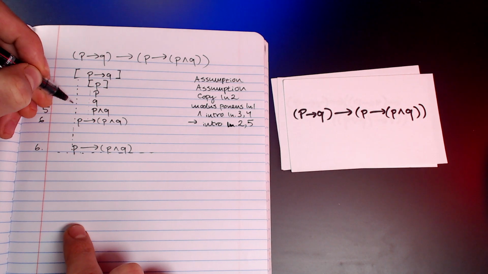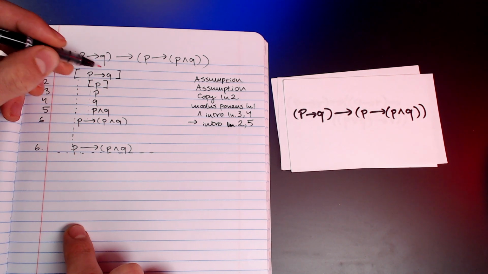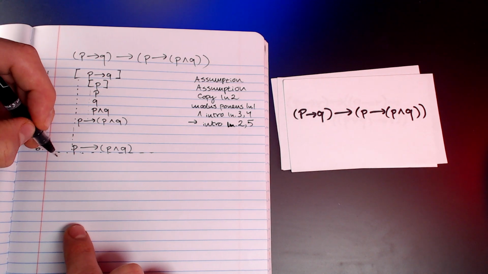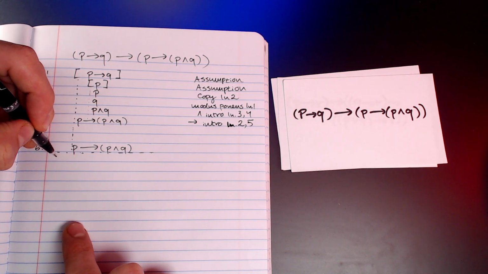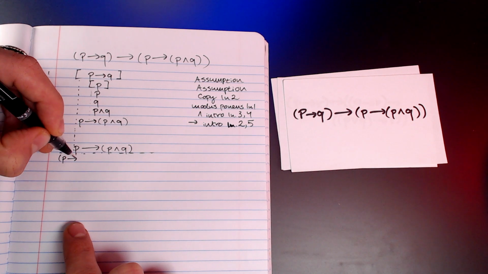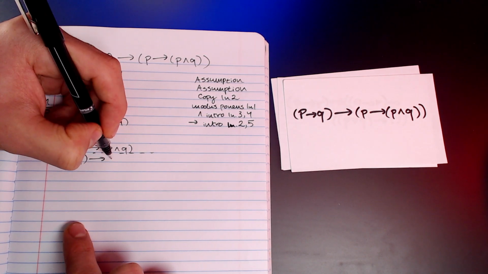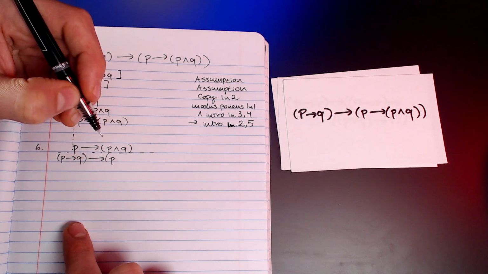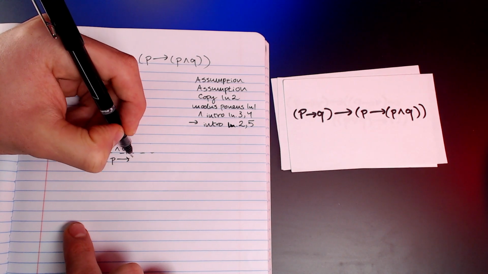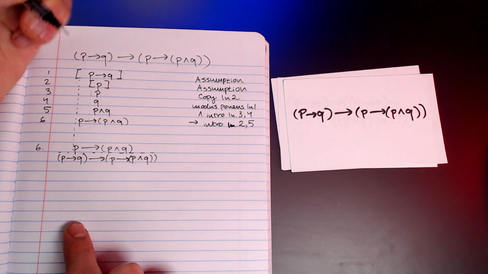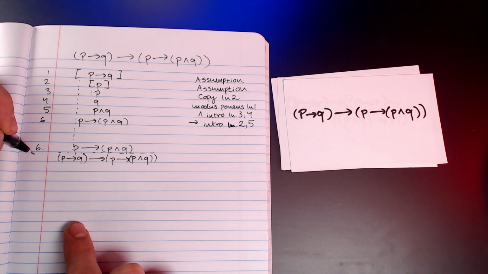So from under this, regardless of whether this is true or false, we know that if it were true, we can derive that P implies Q would imply that P implies P and Q. So we're done.